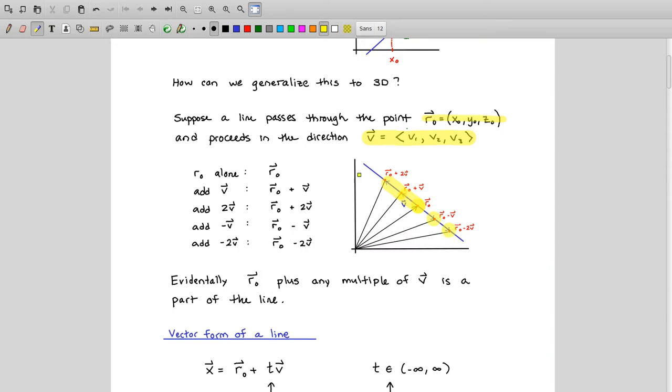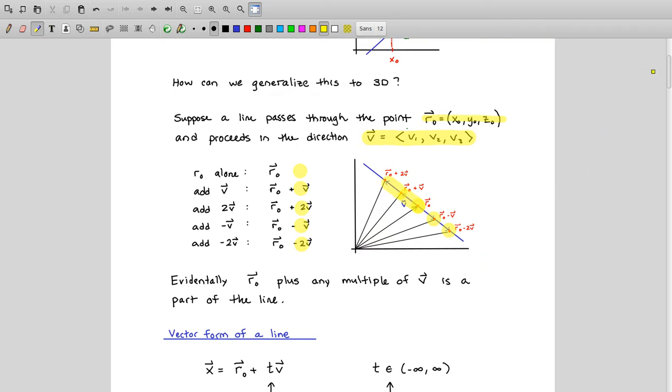So now suppose you want the points in between. You're basically adding different multiples of v, all right? 0v, 1v, 2v, negative 1v, negative 2v. And so the theme here seems to be that the line would be all possible multiples of v added to r naught. Not just discrete values, but the entire continuous set of real numbers are all possible points on this line.